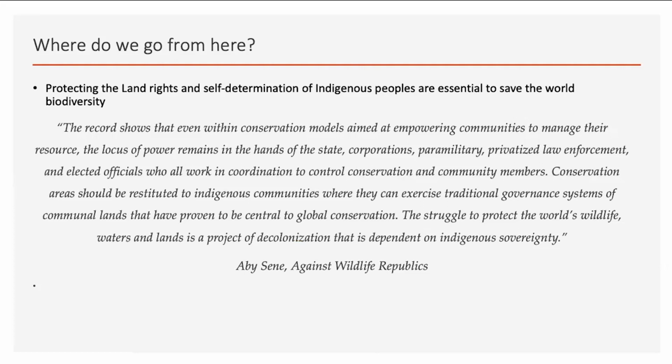What is important for recoupling those nature-culture systems and getting rid of capital, not completely, but at least the destructive type of capital reproduction, is really to ensure that the land rights and the self-determination of those indigenous people are safeguarded, right? Because it is absolutely essential to save the world's biodiversity.